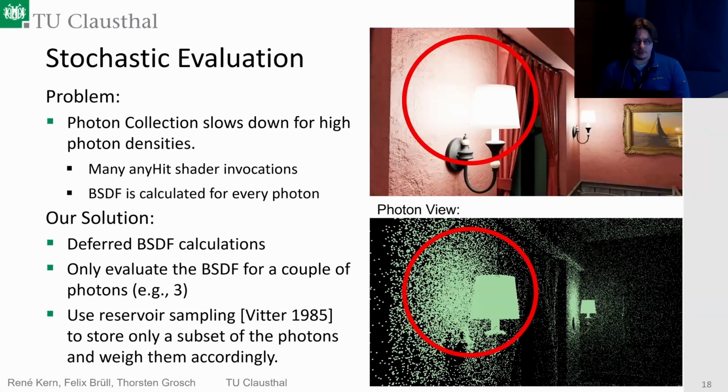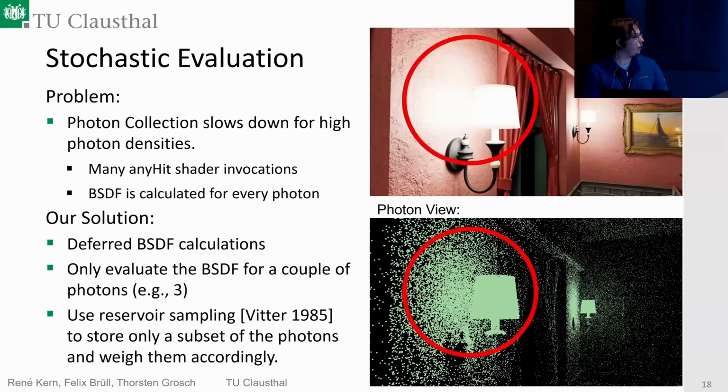We stored these 3 photons in a list in the ray tracing payload, and in the any-hit shader, we basically just stored the index of the photon, and if the list was full, we used reservoir sampling to stochastically only store some of the photons. Sadly, we still need to trace all photons to get the correct reservoir sampling weight, so we need to look at every photon at least once. Then after the ray tracing step, we do our BSDF calculations for these 3 photons inside the list.